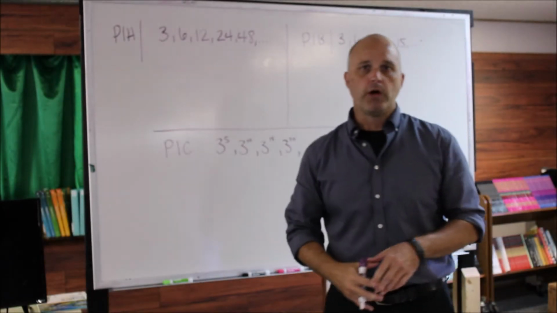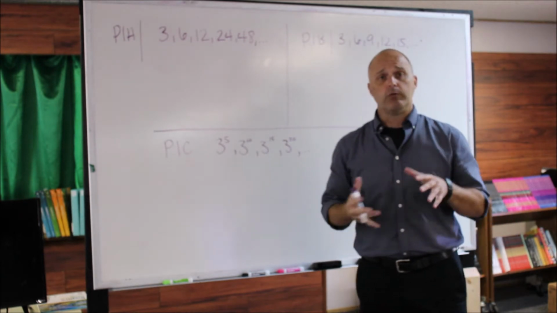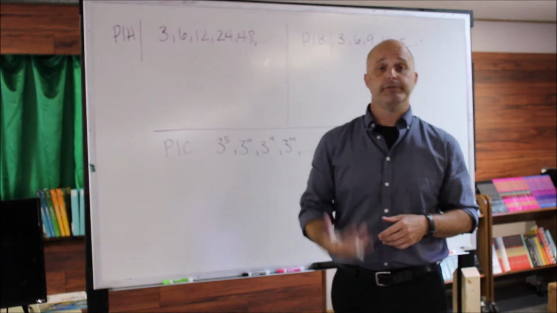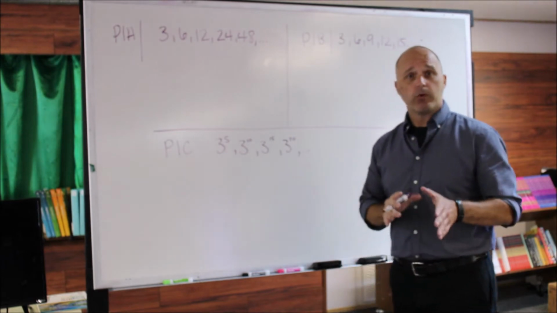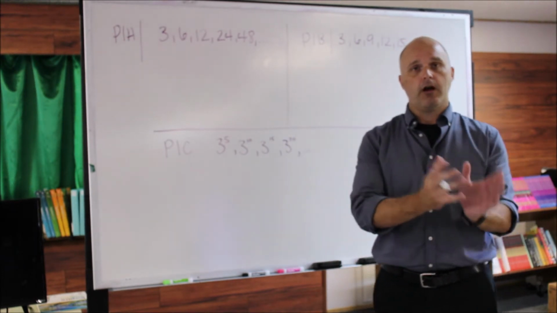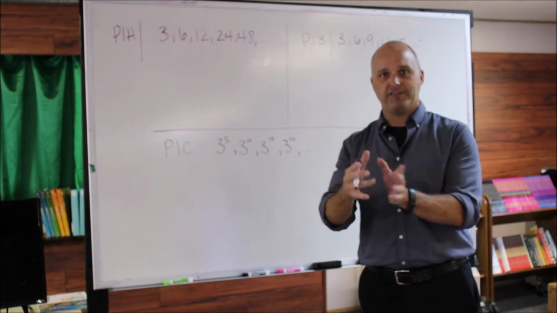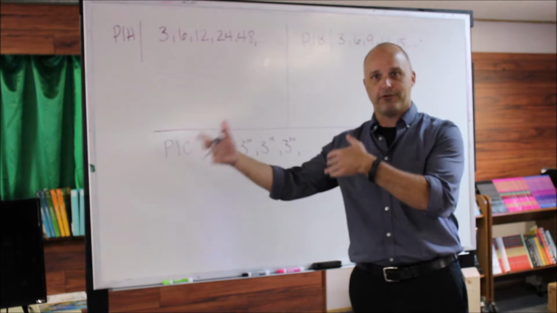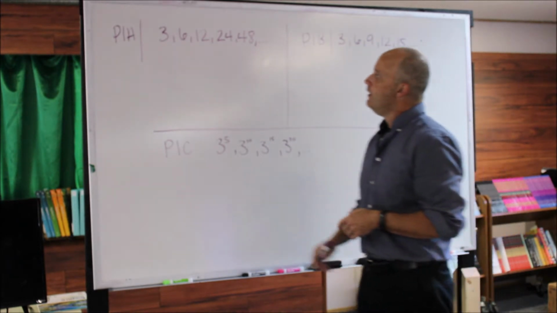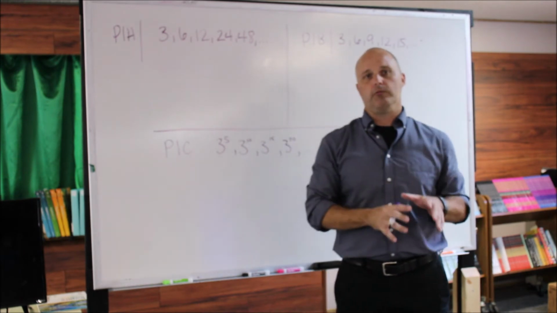Okay, for problem number 1, we're given three different sequences, and we're being asked to determine if they are geometric sequences. Remember that what we're looking for with a geometric sequence is a common ratio. Are we multiplying or dividing the first term by the same thing as we do the second term to get to the third and the fourth and so on? If we're looking for a geometric sequence, we're only looking at multiplication.